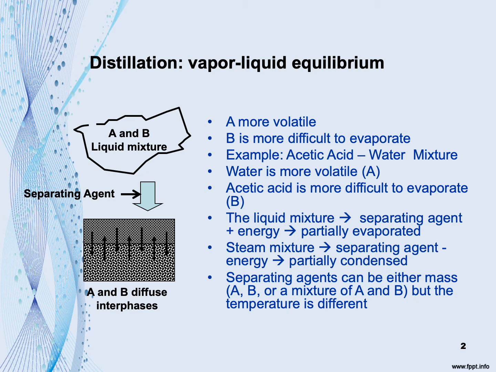In this case, if we add energy in the form of heat, some of them will be partially evaporated, while the other component that is less likely to evaporate will stay in the liquid phase. Therefore, we can separate a mixture A and B.